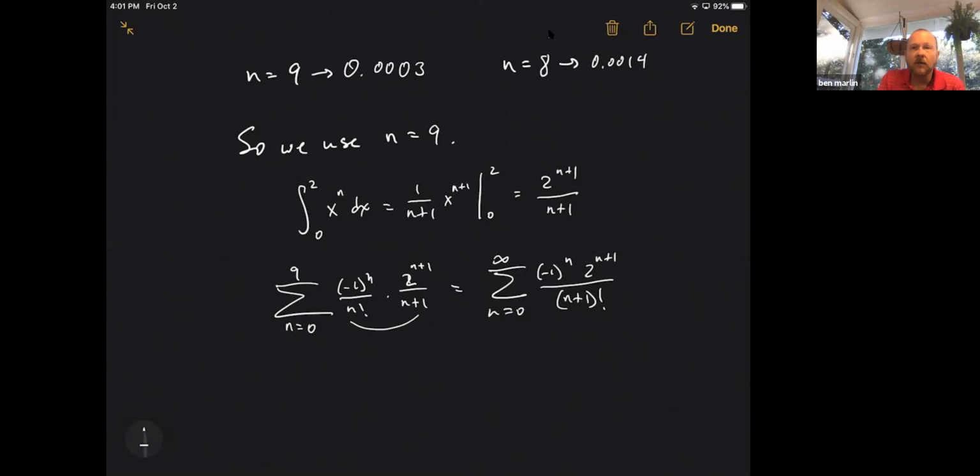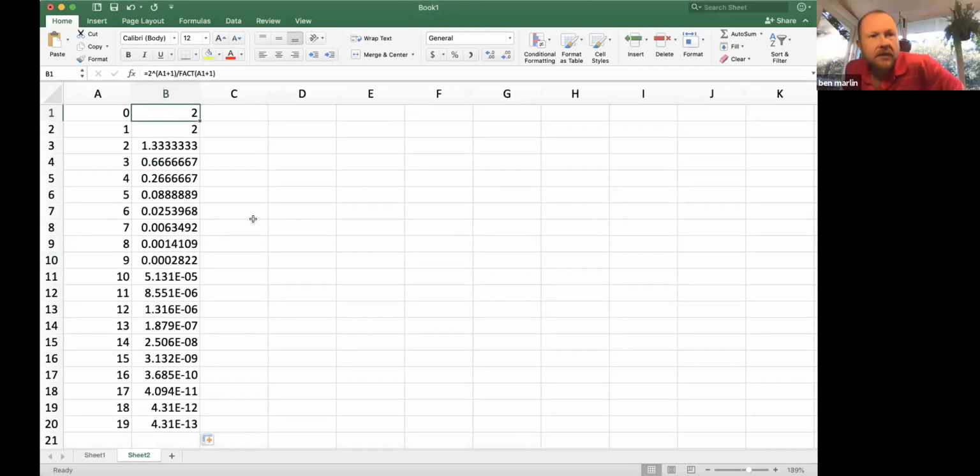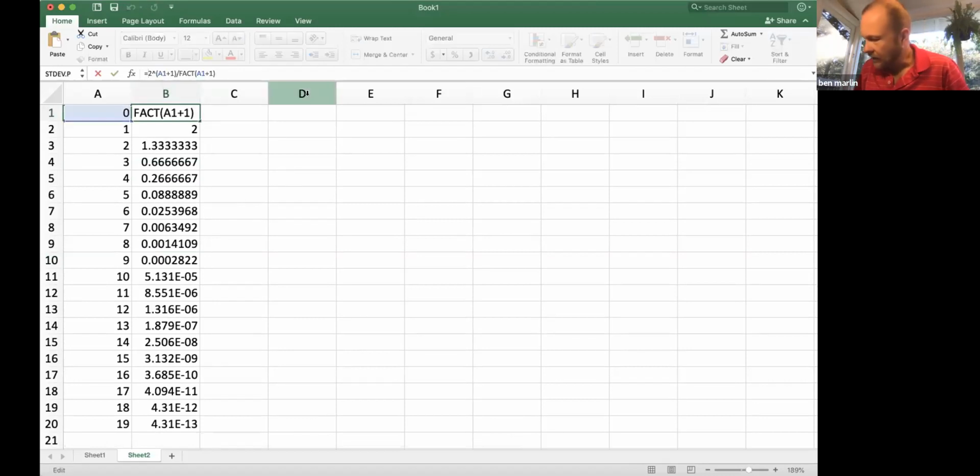So I am going to jump back over to my spreadsheet again, and I am going to adjust my formula, okay? The thing that I am missing in there is that I need to have a minus 1 to the n. Otherwise, it would be the same formula. So I'll put minus 1 to the power to my left, and then times, okay?